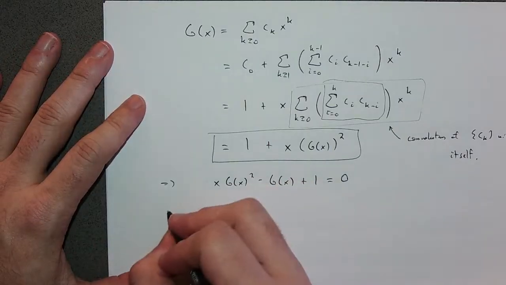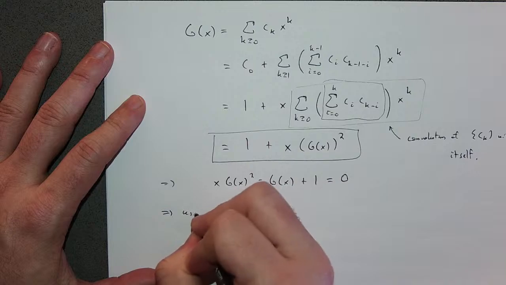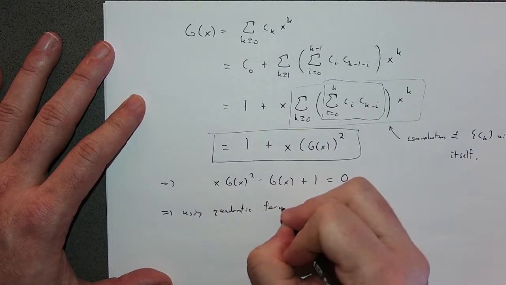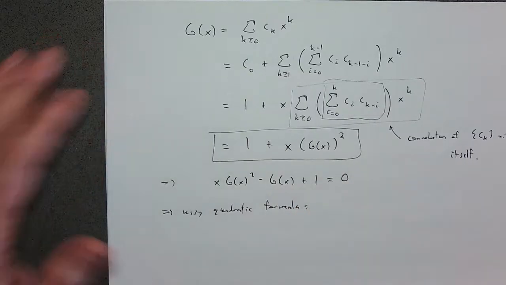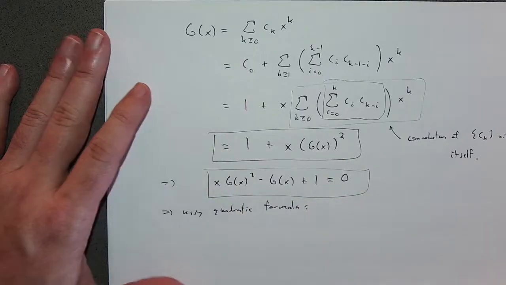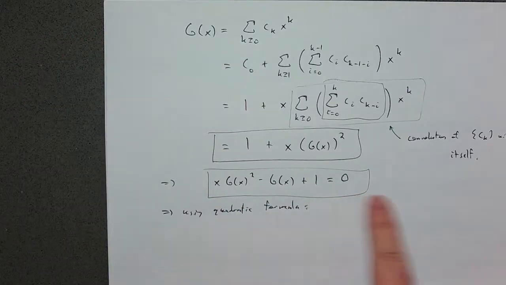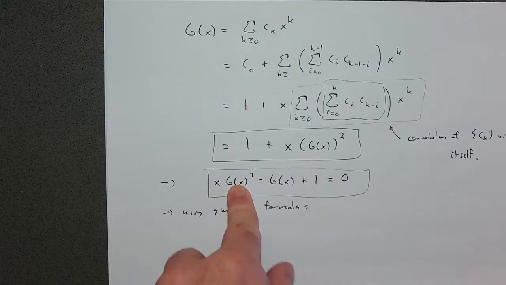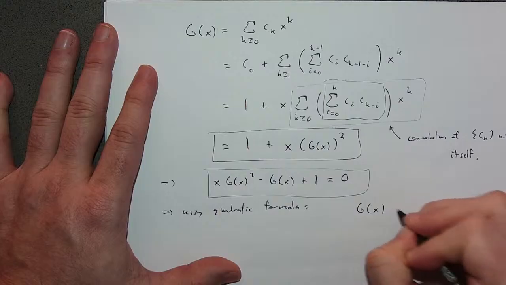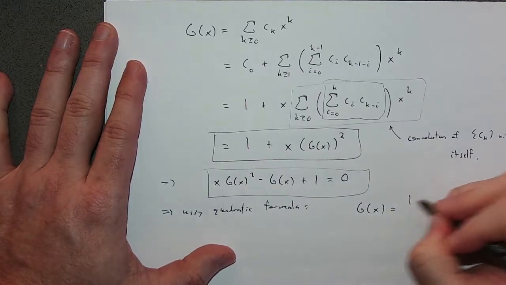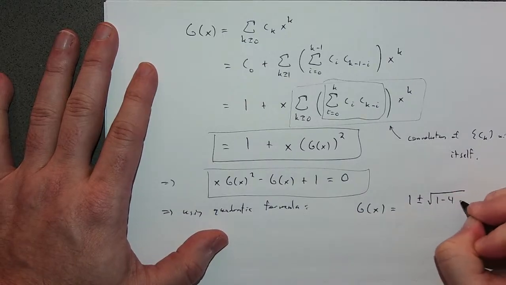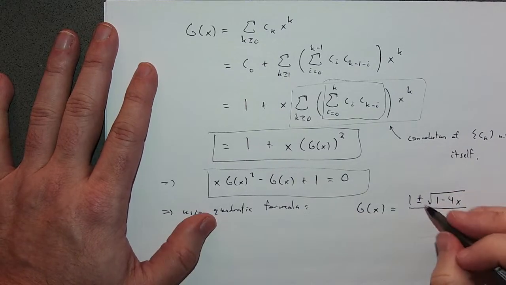Use the quadratic formula. We can use the quadratic formula to solve for g of x. Don't get shocked by this x here. This is a quadratic in the variable g, if you like, right? So that g of x is 1 plus or minus the square root of 1 minus 4x over 2x.